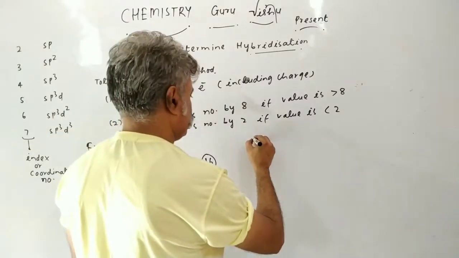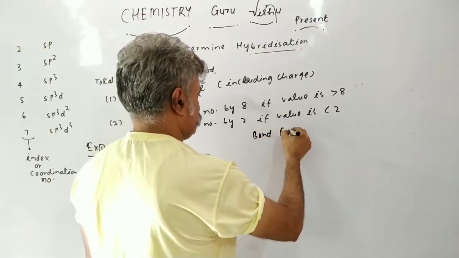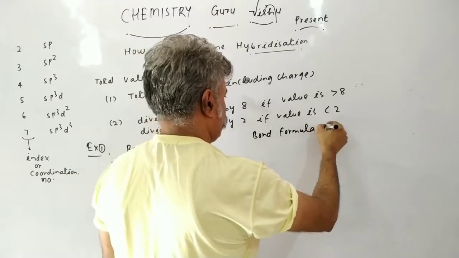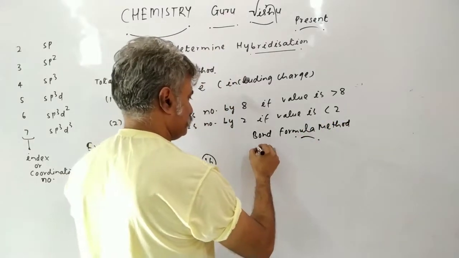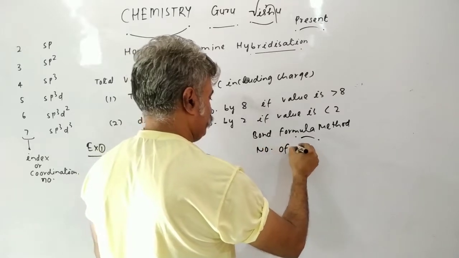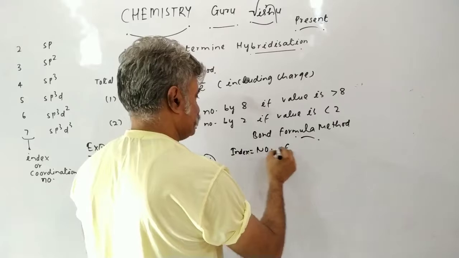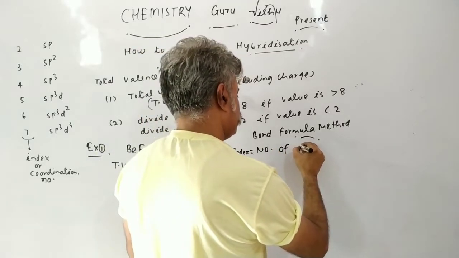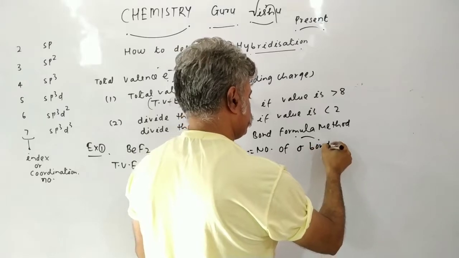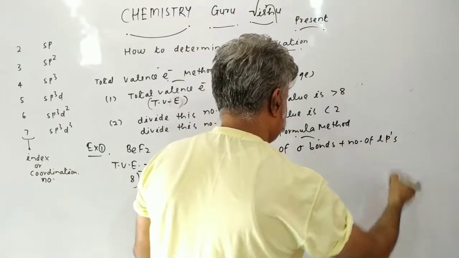Now my method, the bond formula method. Bond formula method means calculate the index, which is equal to the number of sigma bonds plus the number of lone pairs.